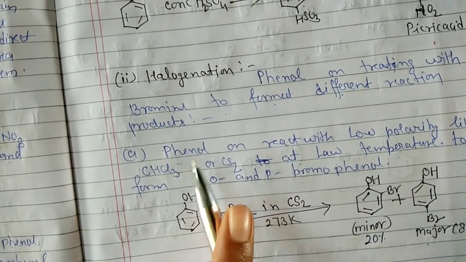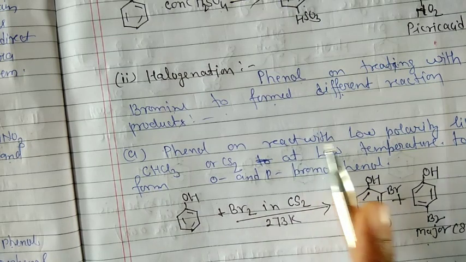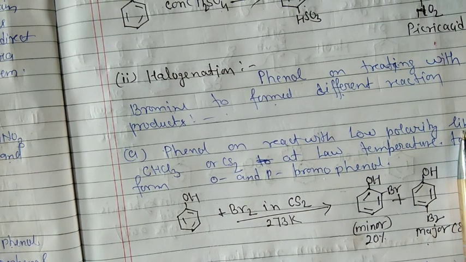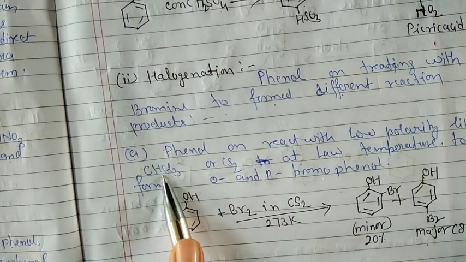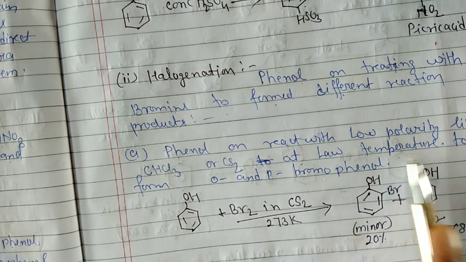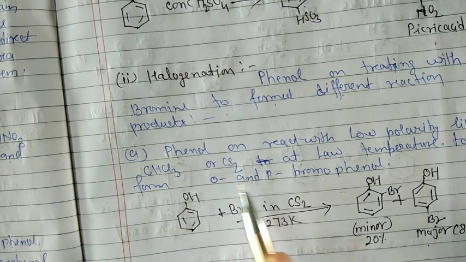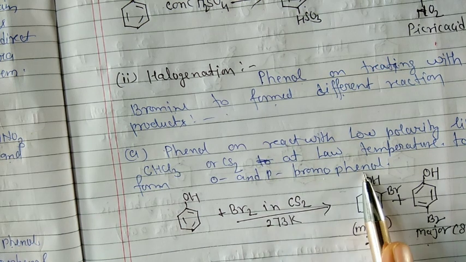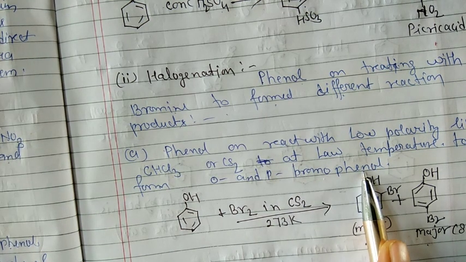First, phenol reacts with bromine in low polarity solvents like chloroform or carbon disulfide at a low temperature to form ortho and para-bromophenol.